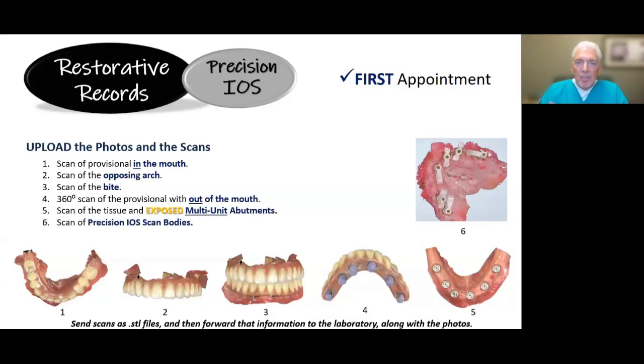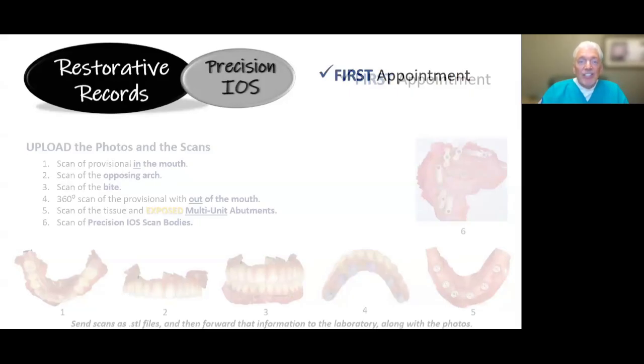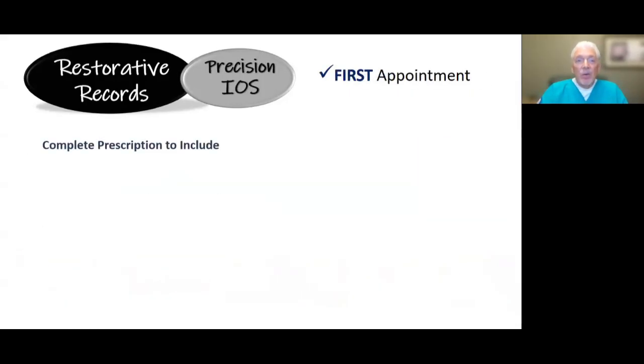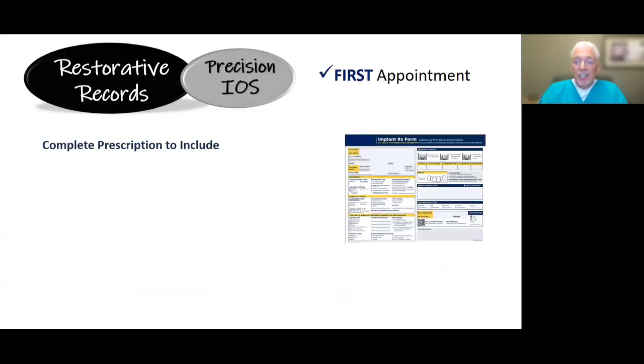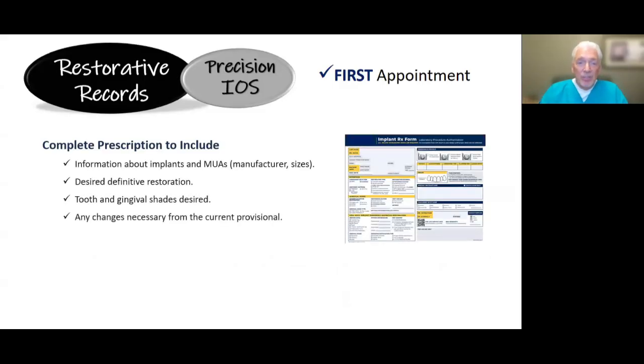And then it's pretty straightforward. Once the laboratory gets all that, you also need to complete the online prescription that we have. Complete that, and make any notes about any changes that you're looking for. Again, we need to know what the definitive prosthesis is going to be made of. Are you going with zirconia?